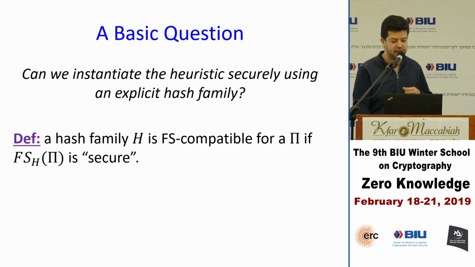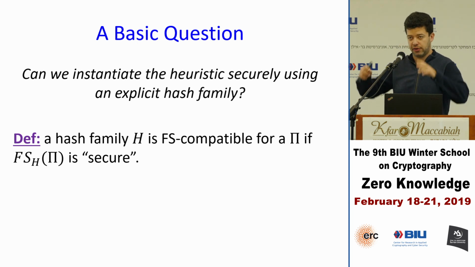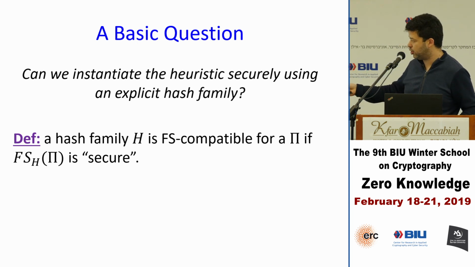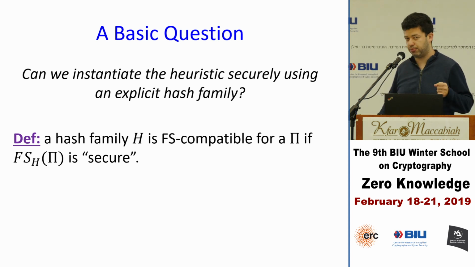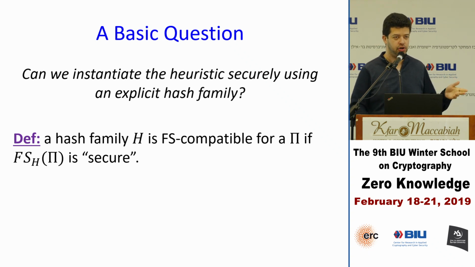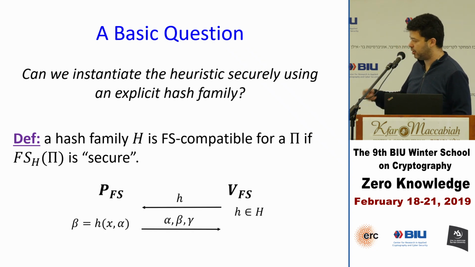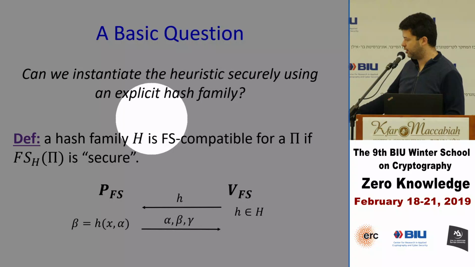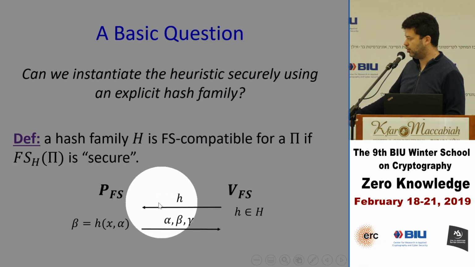Let's be a little bit more precise. I'm going to say that a hash function family H is Fiat-Shamir compatible for a particular protocol pi if you take the protocol pi, compile it using the Fiat-Shamir transform with this hash family H, and you get something that's secure, meaning both sound and zero knowledge. Just to be explicit about what I mean by using a hash family: the verifier chooses a random function from the hash family and sends a description of this hash function to the prover.